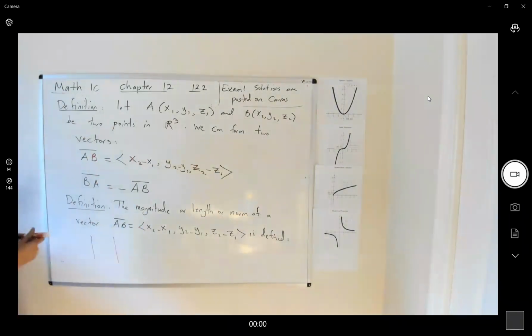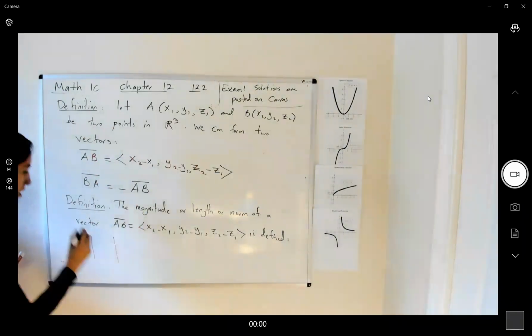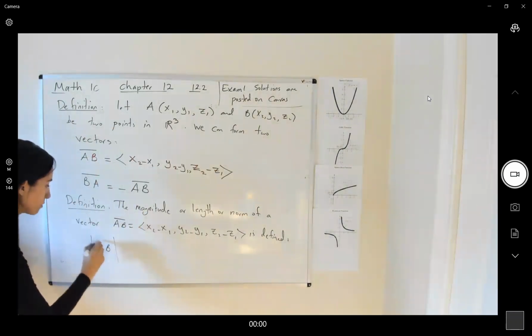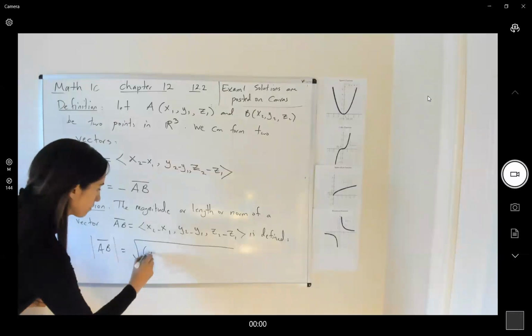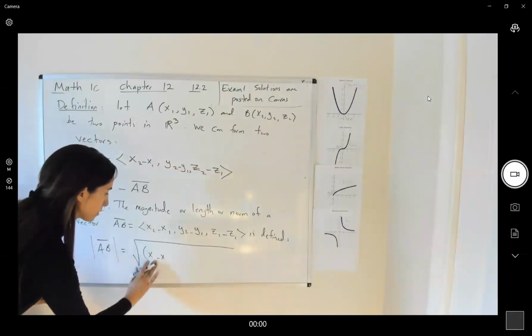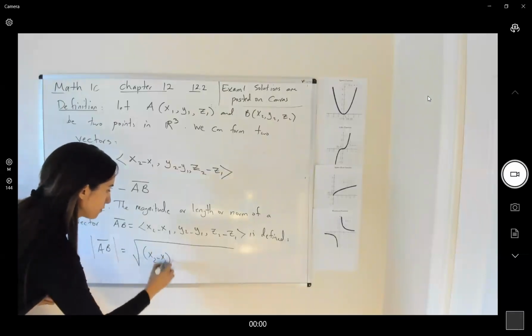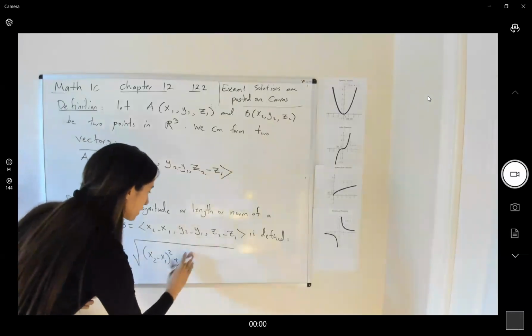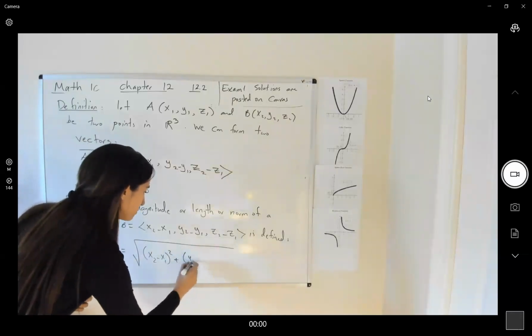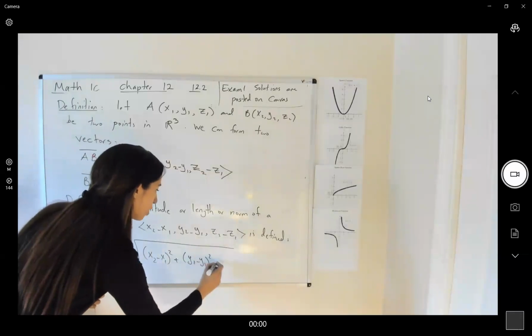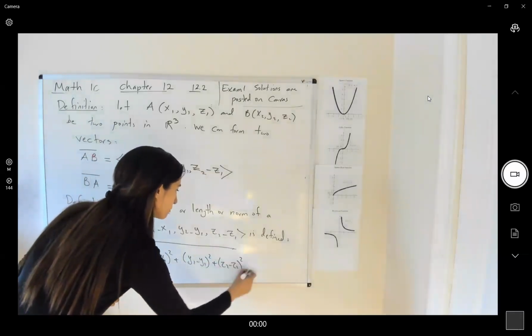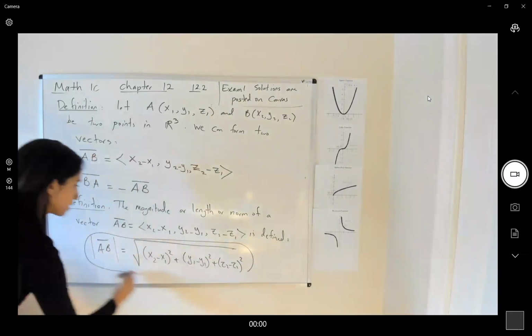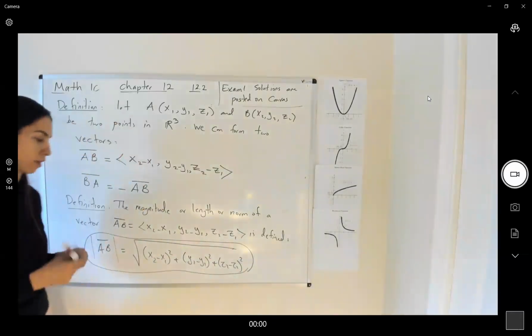The norm or magnitude of a vector (a, b, c) is defined as the square root of the first coordinate squared plus the second coordinate squared plus the third coordinate squared. This is the magnitude or norm or length of the vector.